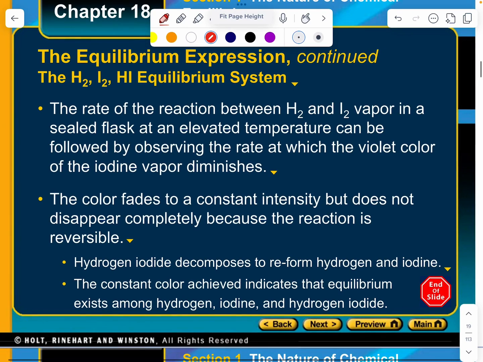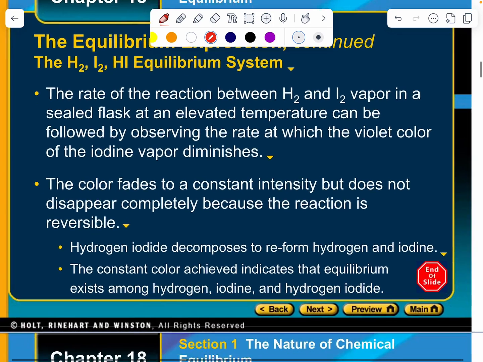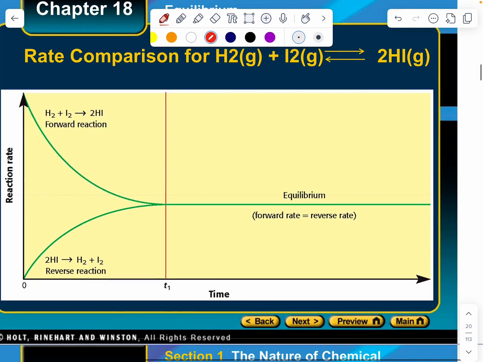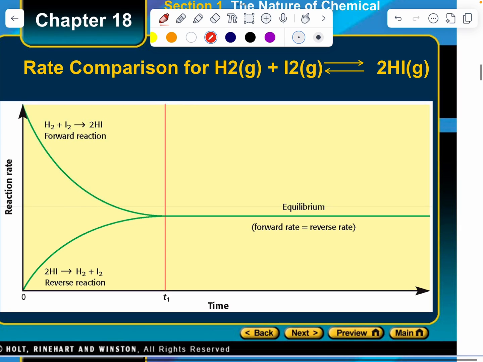Here, just a case study of hydrogen with iodine to give hydrogen iodide. As you see, here is our reaction. Hydrogen will collide with iodine gas to form hydrogen iodide. Then hydrogen iodide will decompose to give iodine and hydrogen gas.